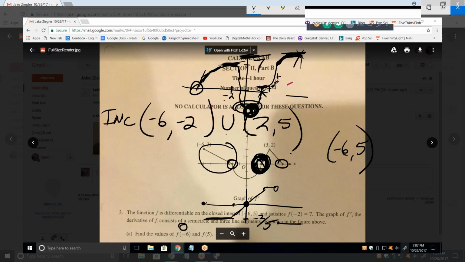And where I know that minimums occur in the original function, the first derivative is 0. So I want to check all my 0 points in the first derivative. That's where the minimum's going to occur. I can even figure out more. Does the first derivative go from negative to positive? At 2. Yes.